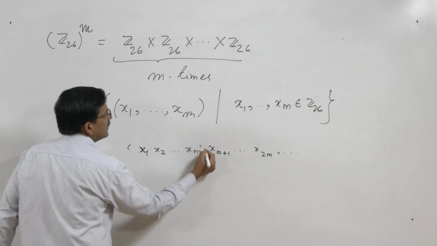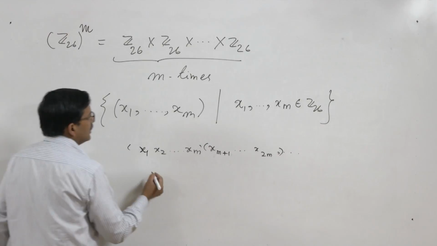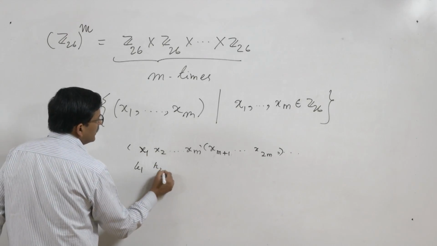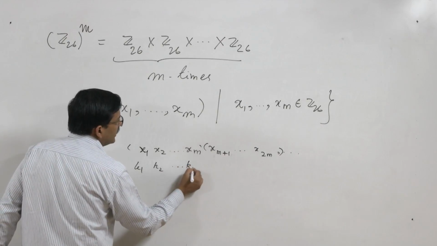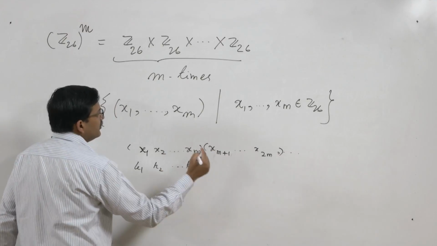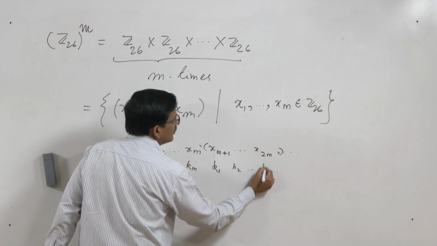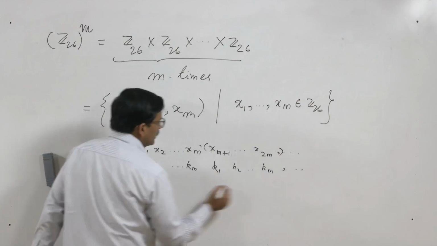So, I have got blocks like this, and the key goes like this: k1, k2 up to km, then I again repeat the same key, k1, k2 up to km, and so on.